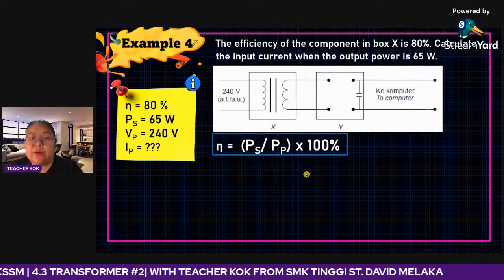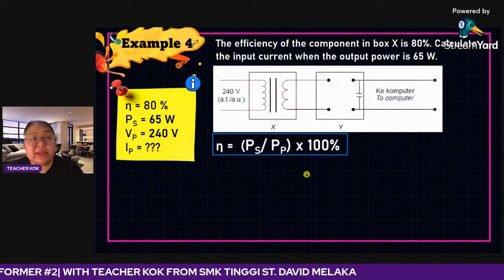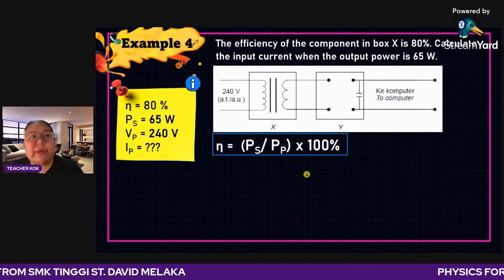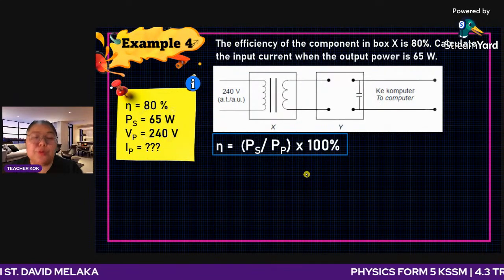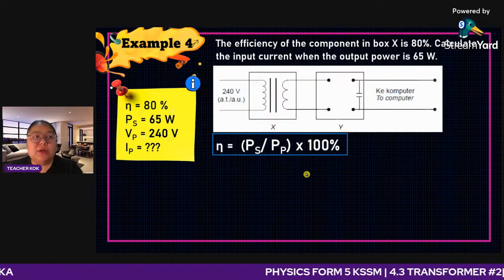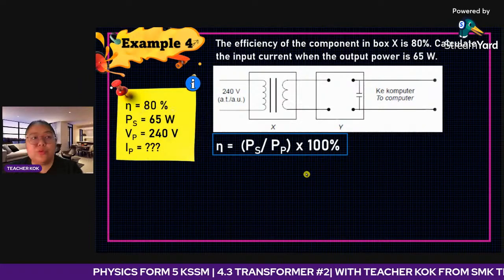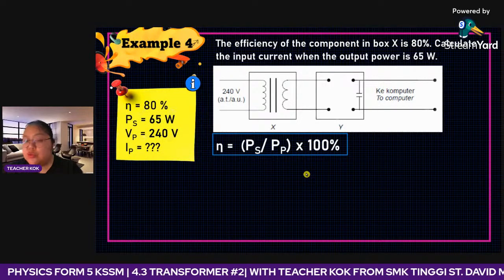Efficiency we already have, it is 80. So you give me the answer for the power primary, or you can say power input. Jaya gave me 52 watts. We go to check, is it 52 watts or not?